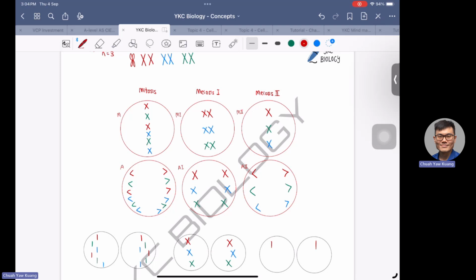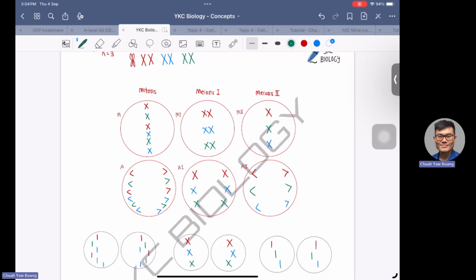So each of the daughter cells will only have 3 chromosomes. That's why the parent cell is n equals 3, and the daughter cell is also n equals 3. So for meiosis 2, we say it's from haploid cell to haploid cell. That is how the chromosome behavior looks in mitosis, meiosis 1, and meiosis 2.